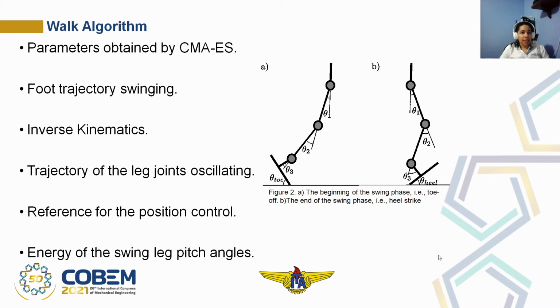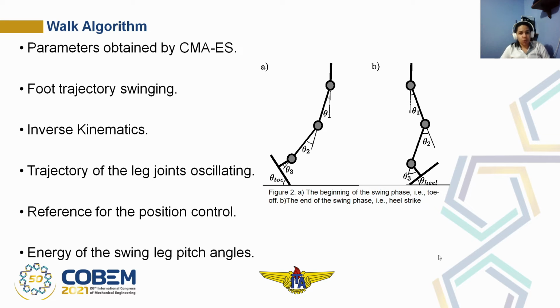By inverse kinematics, we find the joint angles, in our case the hip, knee, and ankle joints. After that, we use them as references for the position control. Therefore, the measured energy corresponds to the effort to obtain the swing leg pitch angles.